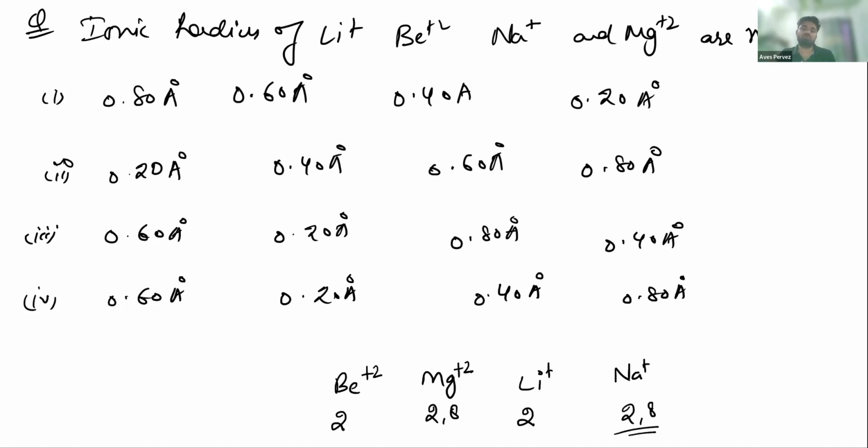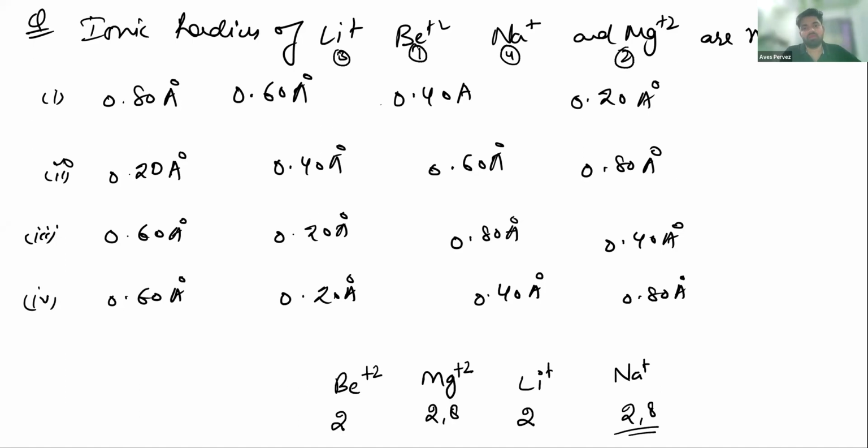This is the first one, this is the second one, this is the third one, and this is the fourth one. So you need to keep in mind here that beryllium should be smaller.